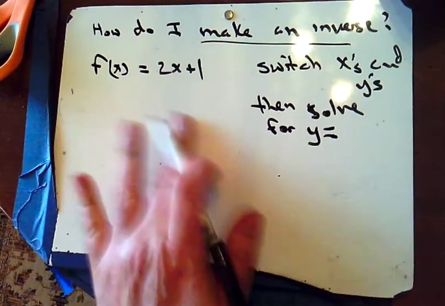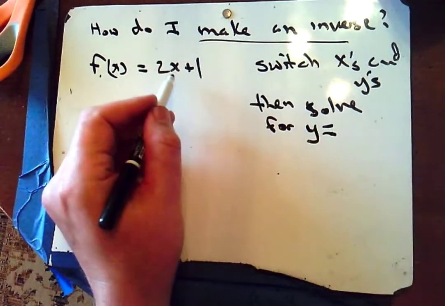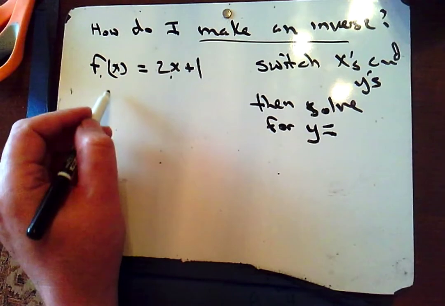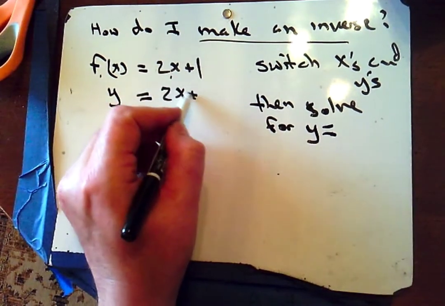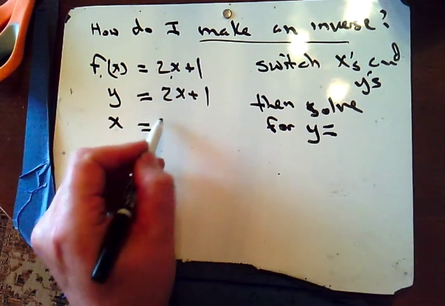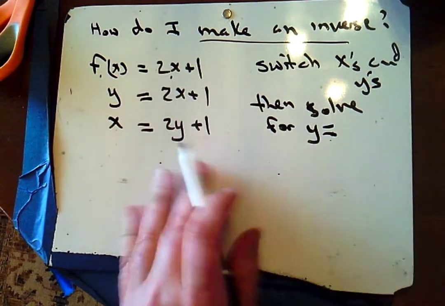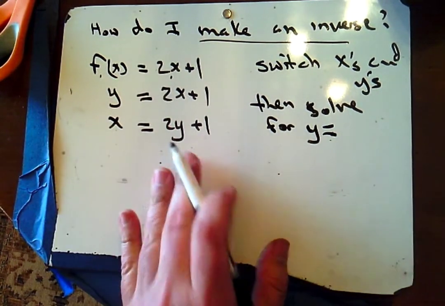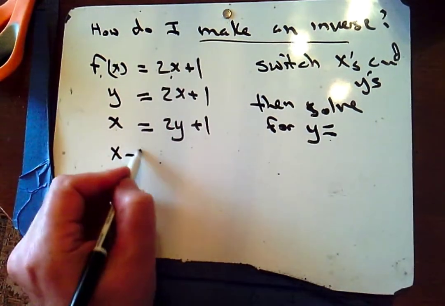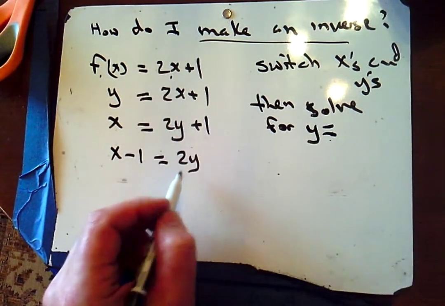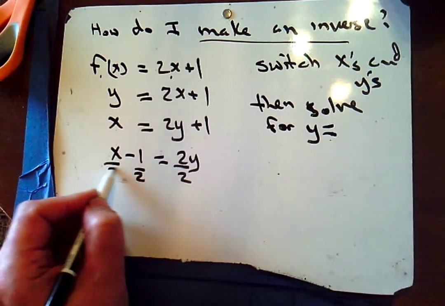Okay, so let's take a look. I've got y, I've got x. I'm going to switch them. So we're going to have x equals 2y plus 1. But then I have to solve for y. I'm not done yet. I have to get y equals by itself. So I'm going to subtract 1 from both sides, and I'm going to divide by 2 everywhere.